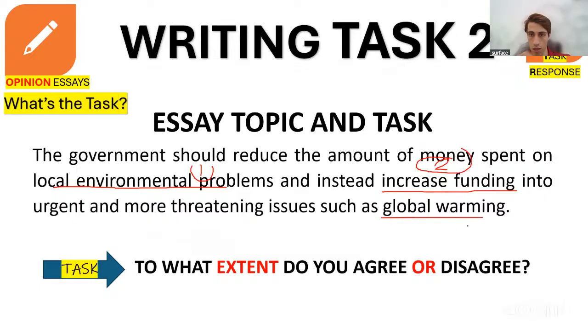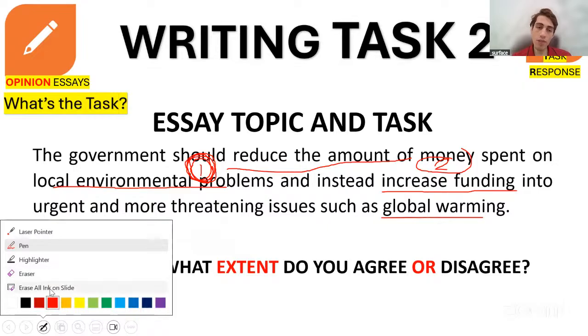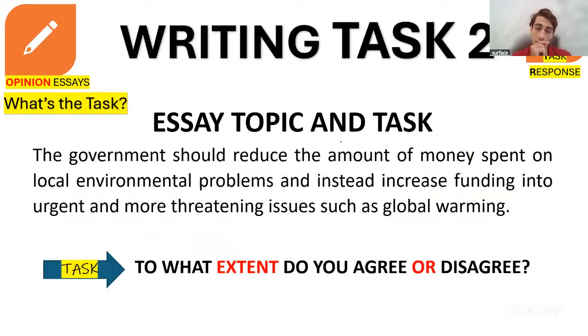So that means they have to give their opinion and details here, correct? Yes, and reduce the amount of money is also important. Their sentences must be related to one of these four.